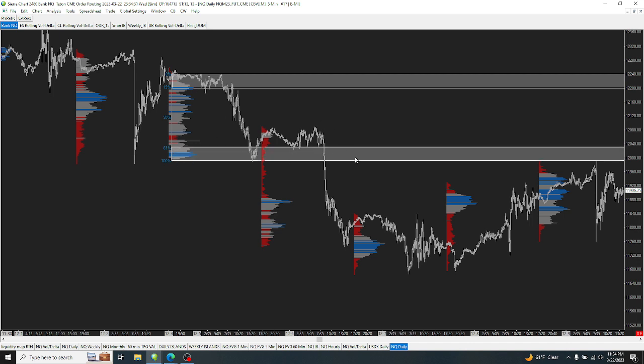Then let's say that we're trading this day, for instance. This was tested in this area, and you can see that we held and didn't get that push through. I'll keep it on there just for reference.